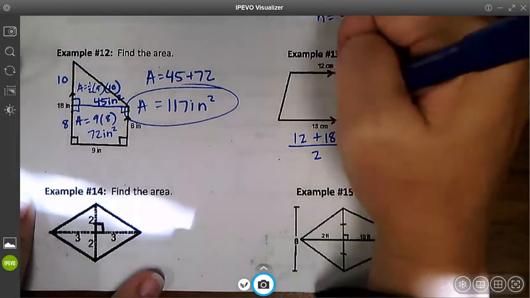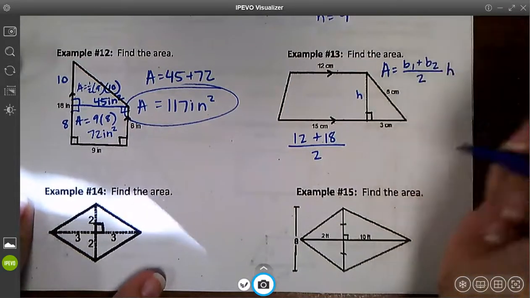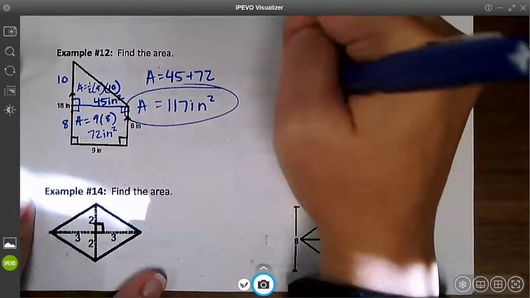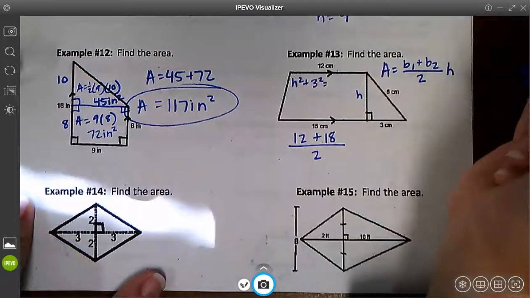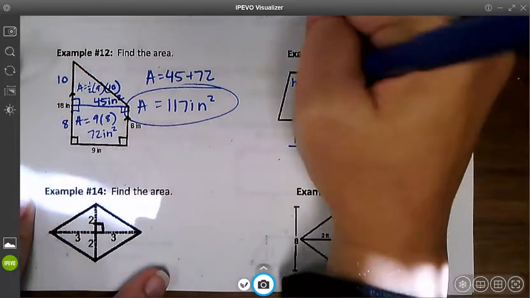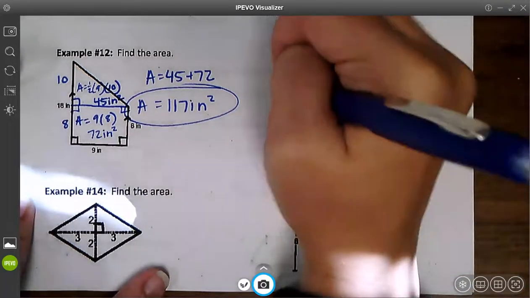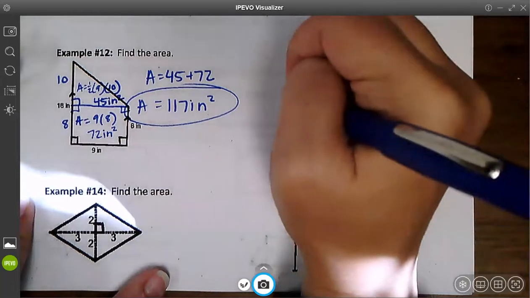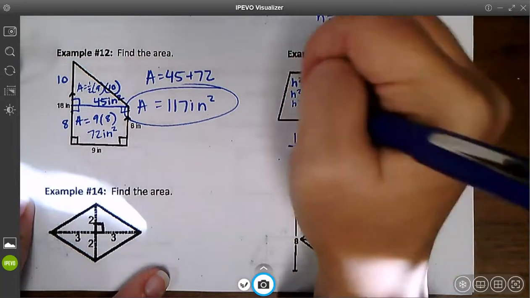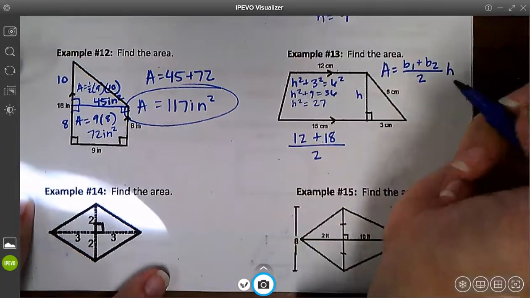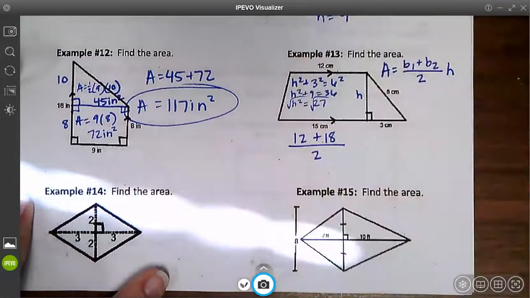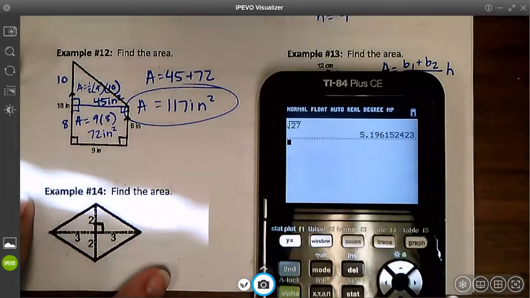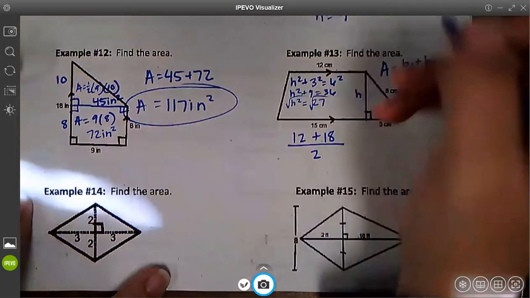So I need to find my height. So I can find my height using the Pythagorean theorem. So I have h squared plus 3 squared is going to equal that 6 squared. You have h squared plus 9 equals 36. Subtract your 9 from both sides, and you get 27. Take the square root of both sides. The square root of 27 is 5.2, roughly.